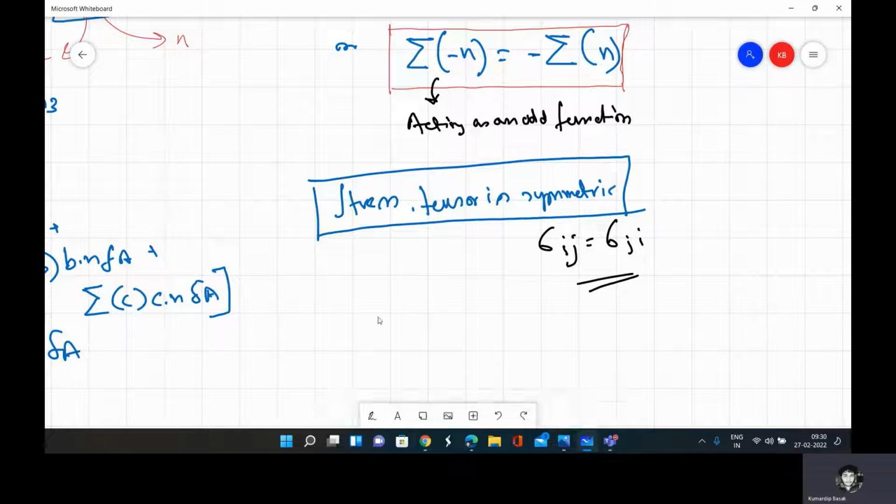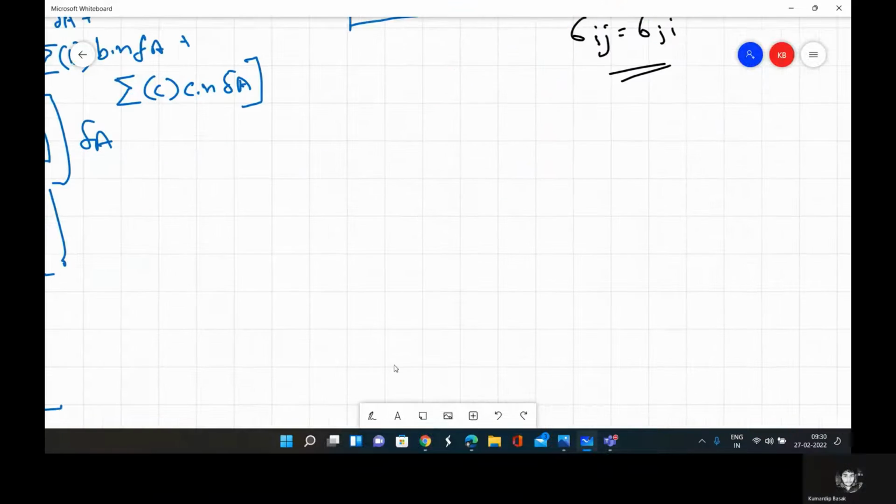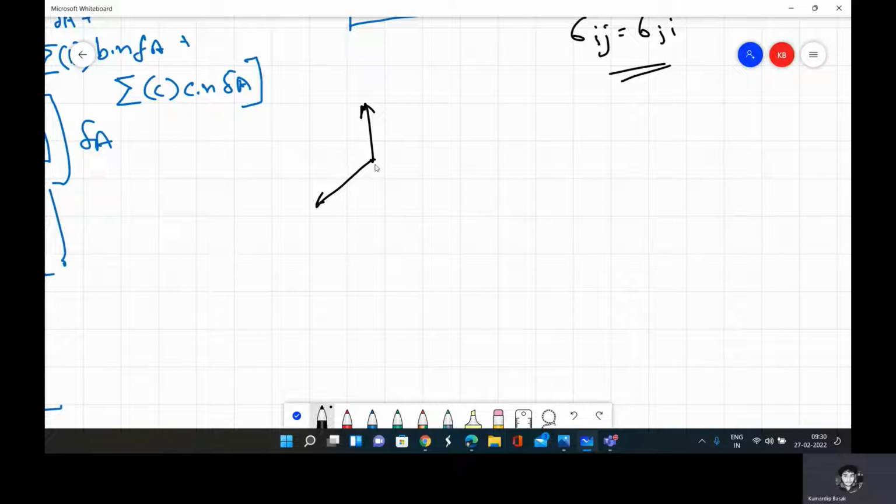For proving this, let us take, again, the orthogonal axes. We are now taking an arbitrary fluid volume or fluid element whose volume is V and surface is S, and on this surface we take a point P where a force dF is acting.